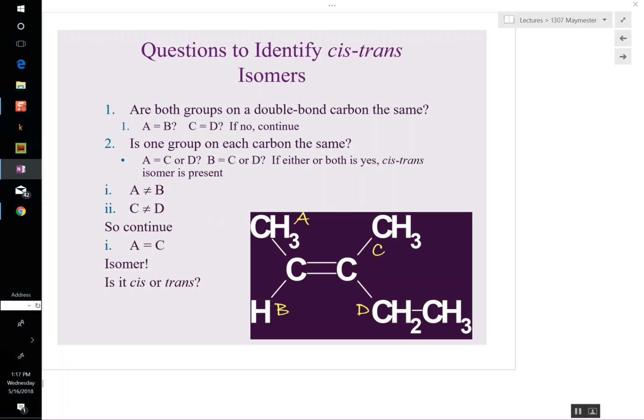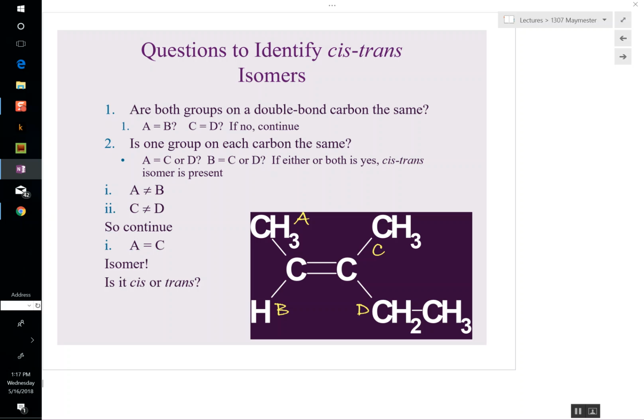Is one group on each carbon the same? Yes. Okay, maybe I ask these questions differently. I'm sorry. Let me back up.